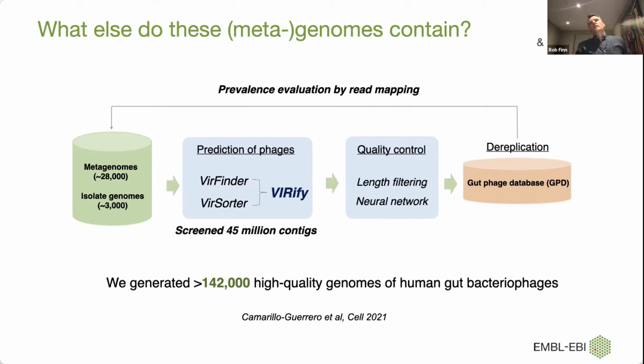Going through that process allowed us to establish the Gut Phage Database, where we had over 142,000 high quality genomes of human gut bacteriophage. Now, the vast majority of these pass the CheckV criteria and have next to no detectable contamination.